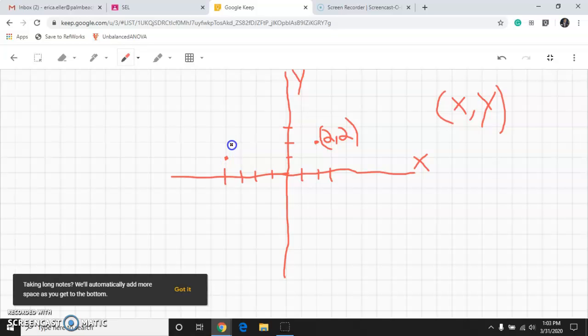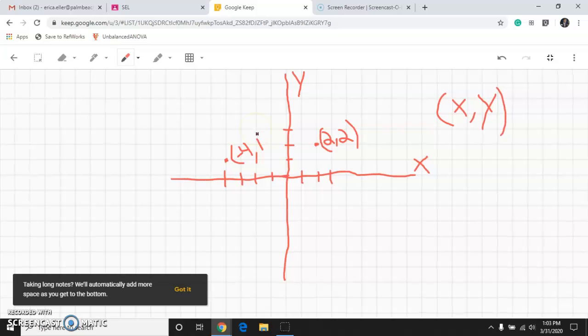So this is a negative number first, -4, comma, +1 because I went up. If I'm going up, it is positive.